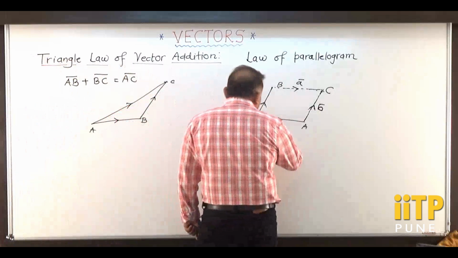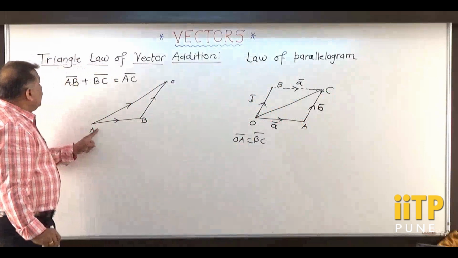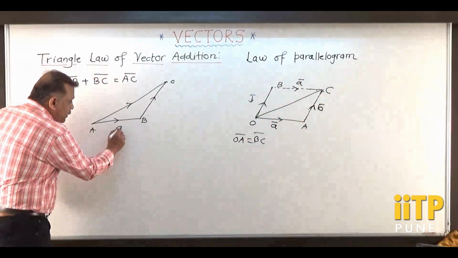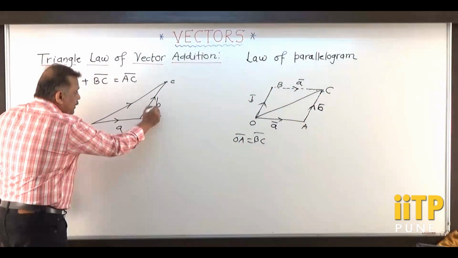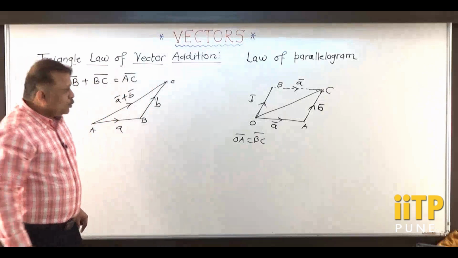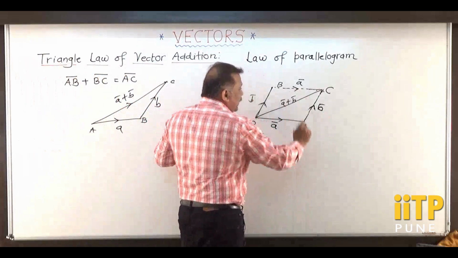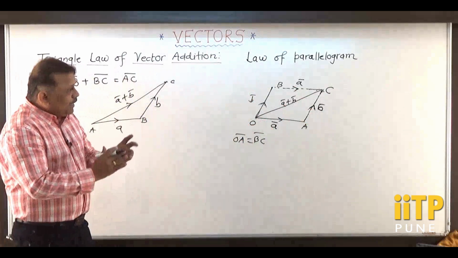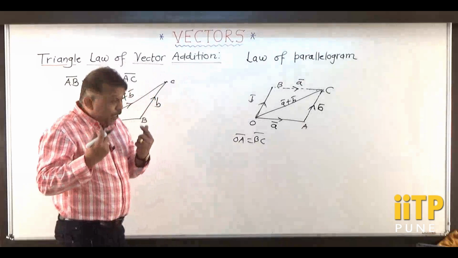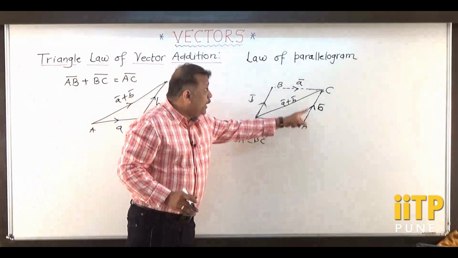Now if I join this O to C, by the triangle law of vector addition, if this is A bar and this is B bar, then this has to be A bar plus B bar. Basically, A bar and B bar are the vectors represented by adjacent sides of the parallelogram OACB.